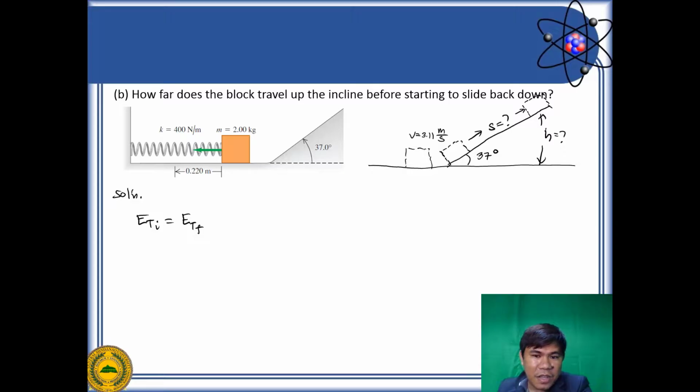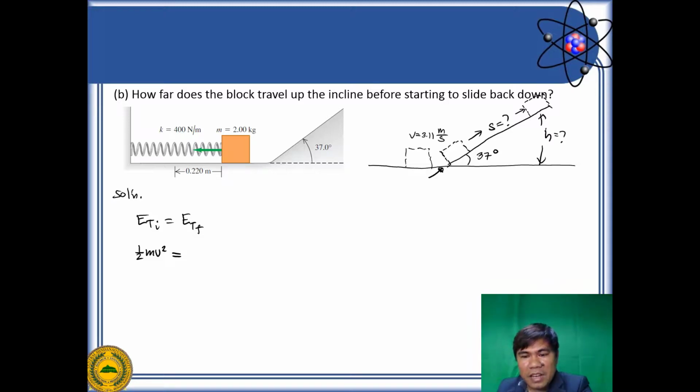And since the spring is not anymore present in this state, the elastic potential energy is 0, but the kinetic energy is present, that is equal to 1/2 mv squared. So that's the only energy that is present in the initial condition. Now that should be equal to the total mechanical energy in the final state.